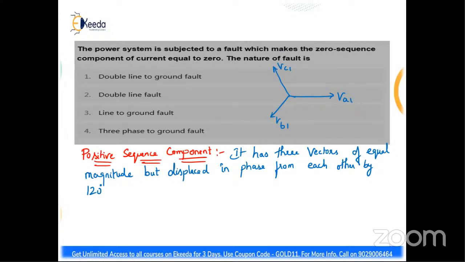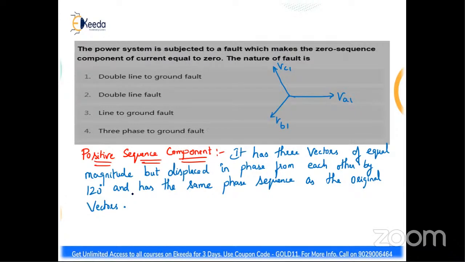It has three vectors of equal magnitude but displaced in phase from each other by 120 degree, and has the same phase sequence as the original vectors. Clear?